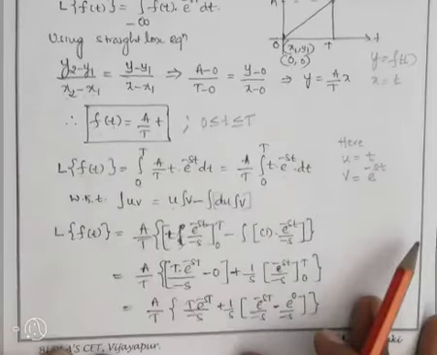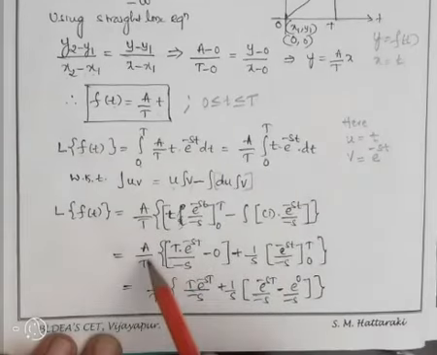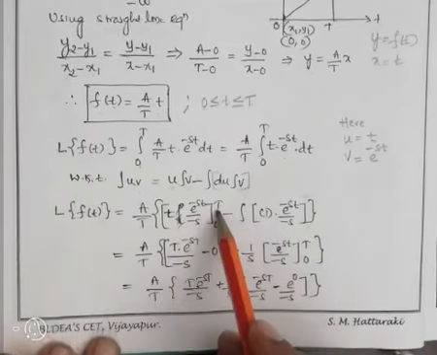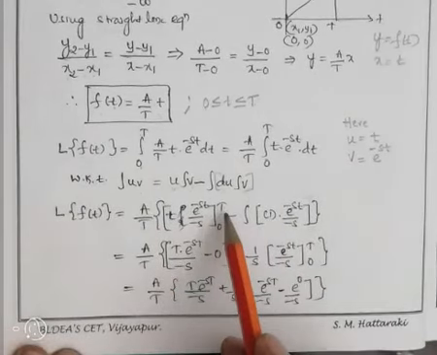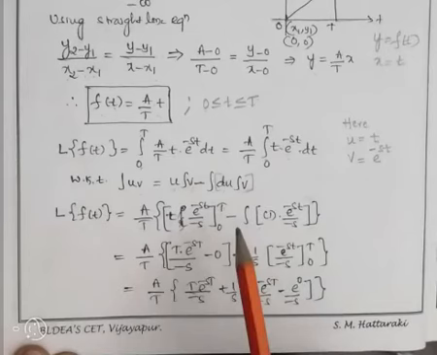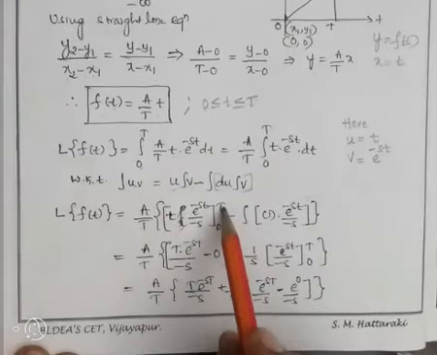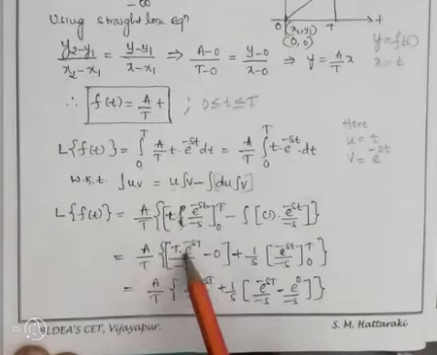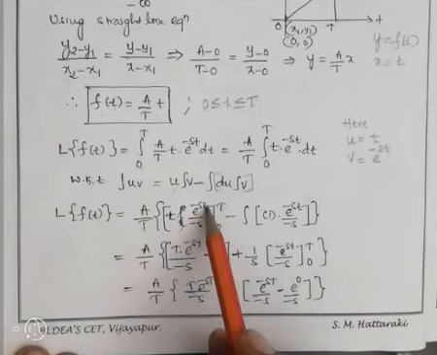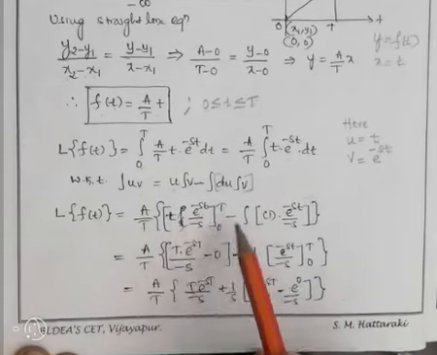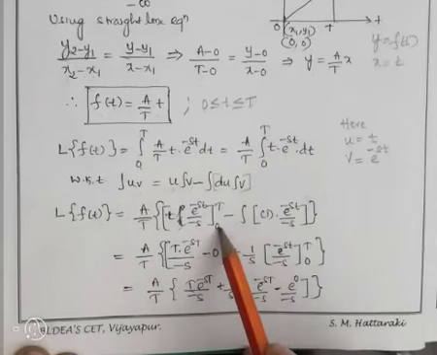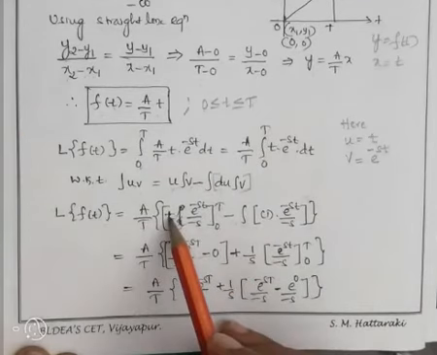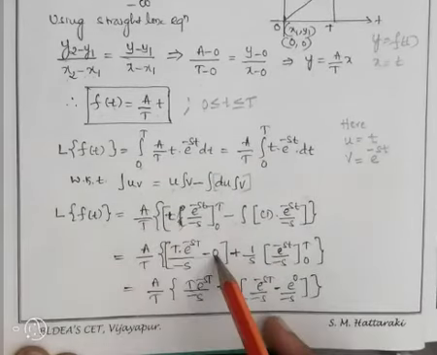Okay. Next step, a by T. Substitute the limits. Upper limit is T, lower limit is 0. Wherever small t is there, substitute capital T. So capital T e to the power minus s into capital T divided by minus s, minus the lower limit. Wherever t is there, substitute 0. So in place of t, substitute 0. 0 multiplied by anything is 0.